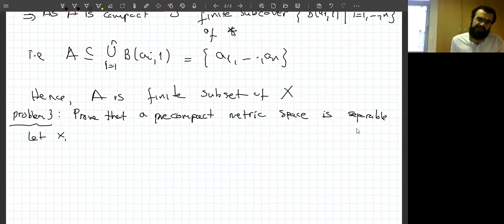Let (X, d) be a pre-compact metric space.